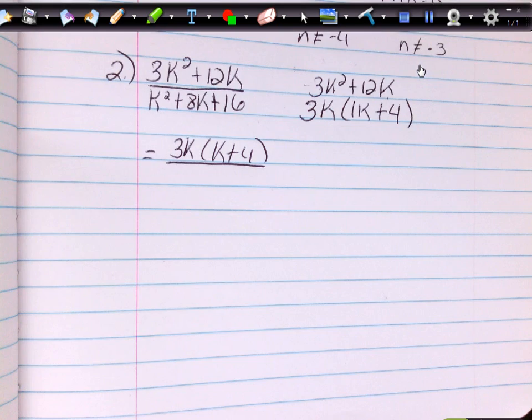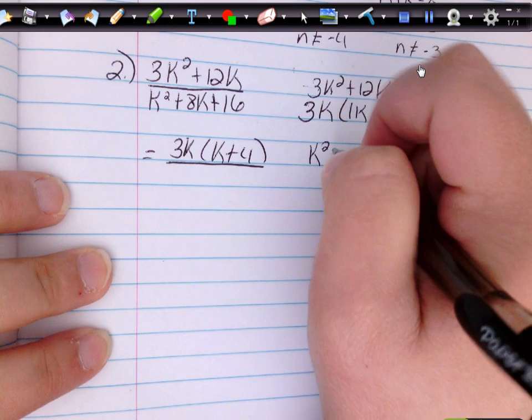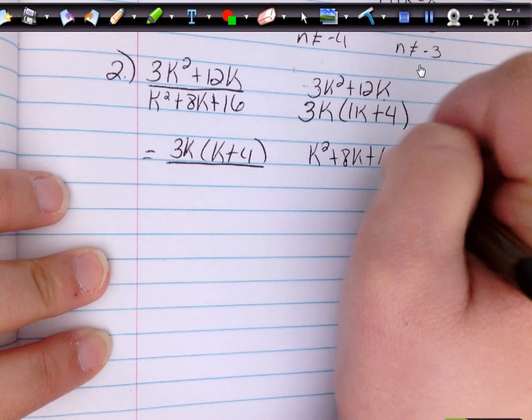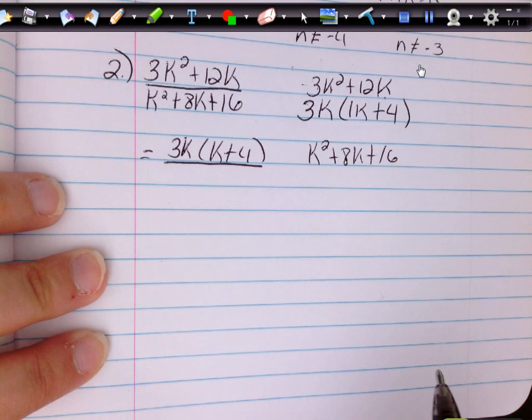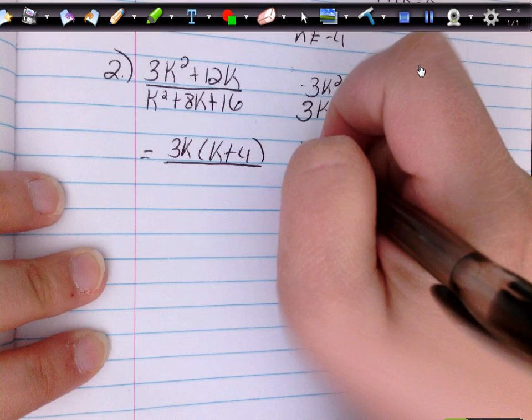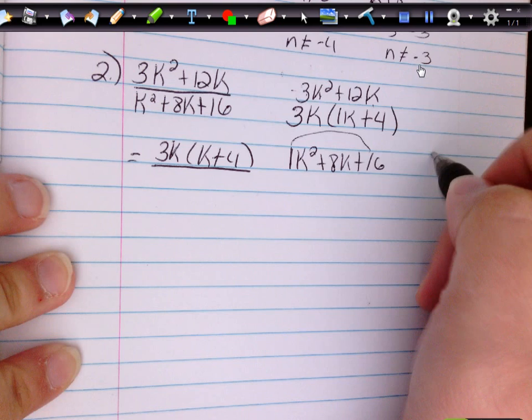Then we're going to factor the denominator, k squared plus 8k plus 16. This one is a trinomial, so I need to look for a GCF, and there's not one. So I'm going to put my 1 in front and say 1 times 16.